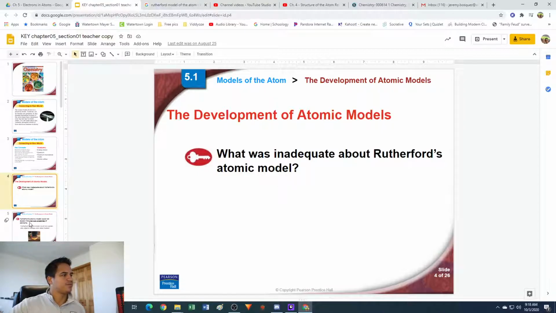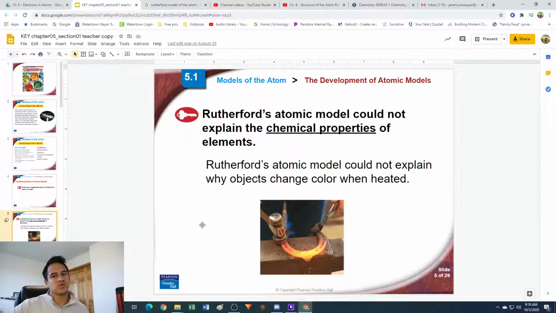However, there were some flaws to it. The biggest flaw was that his model, other than representing where particles were, wasn't very good at describing why atoms did the things they did, or why elements behaved the way they did in terms of their chemical properties. In science especially, we want models that are functional.